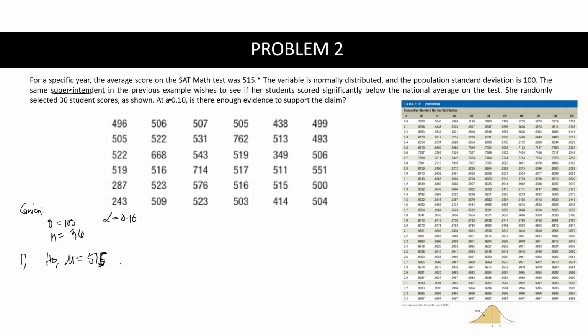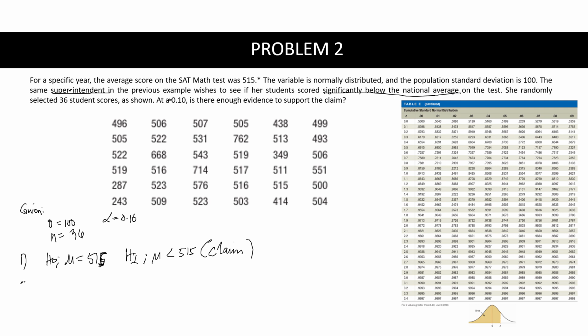And our H1 here is mu is less than 515, significantly below the national average. So this is our claim, because this is given in the problem: we see if our students scored significantly below the national average on the test.